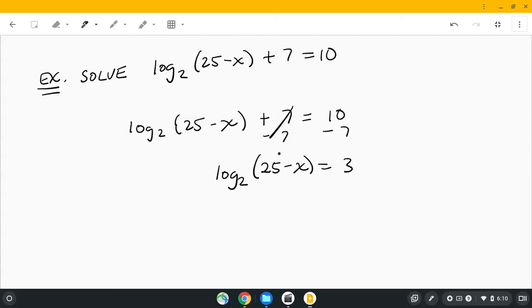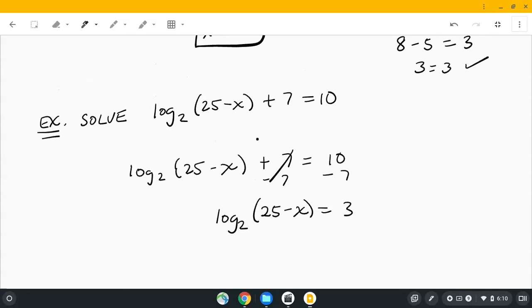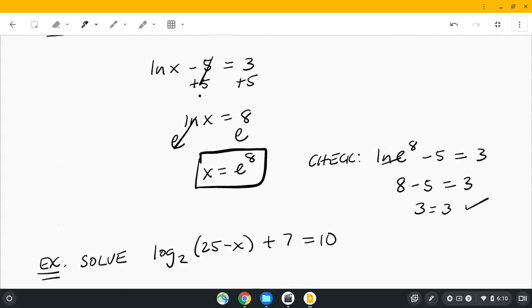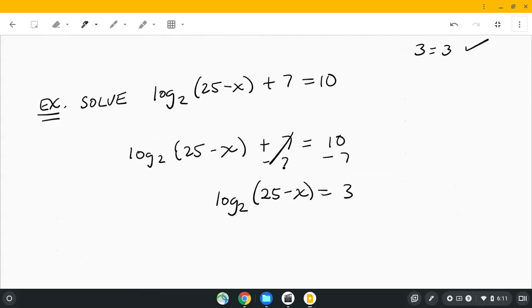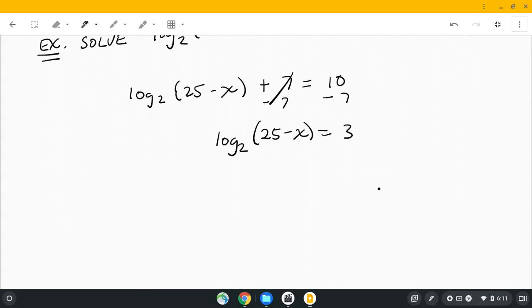So the first problem we did here was log base e. So I used e as my base here, e to this exponent. This is what I had left over. ln x is here. 3 plus 5 is 8. Over here, it's base 2. So I'm going to use 2 on both sides.